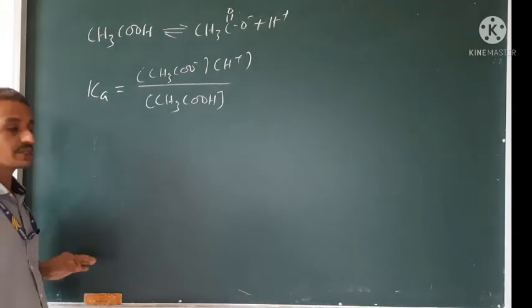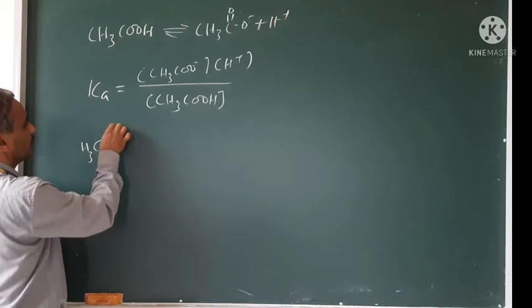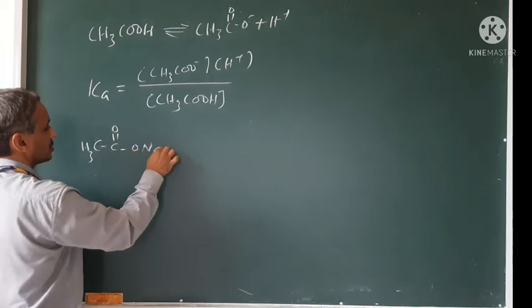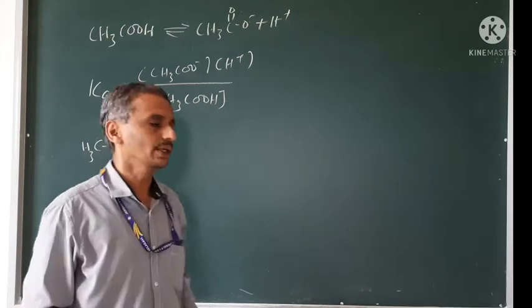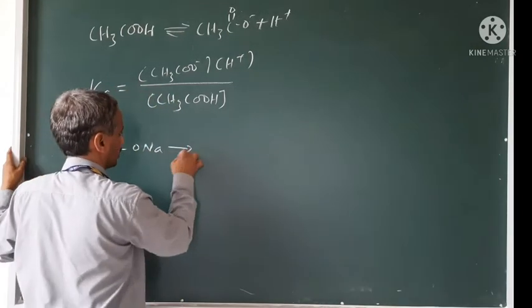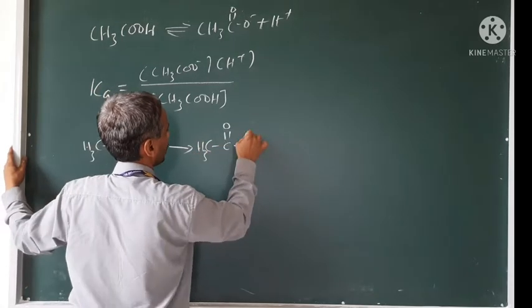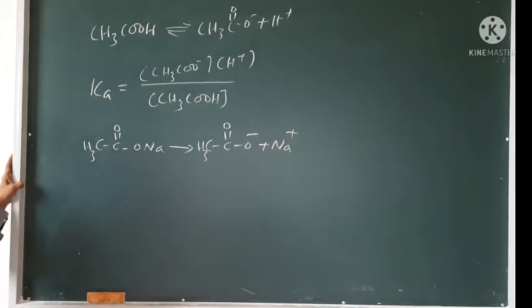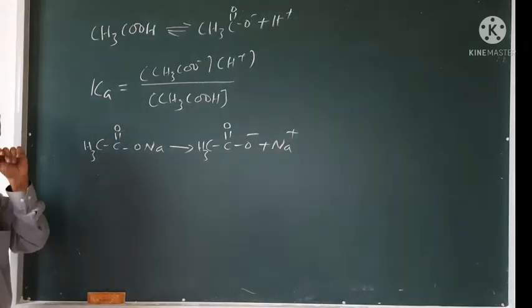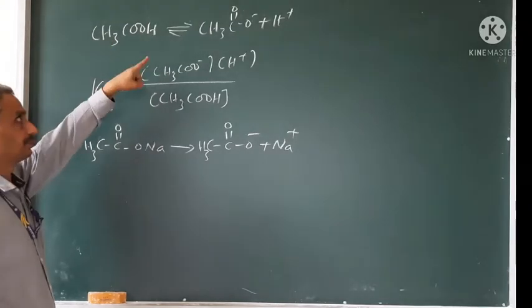For this, what I do is I add a strong salt like CH3COONa. Usually a strong salt or strong electrolyte ionizes almost completely into CH3COO minus and the Na plus ion. See, this is an equilibrium.